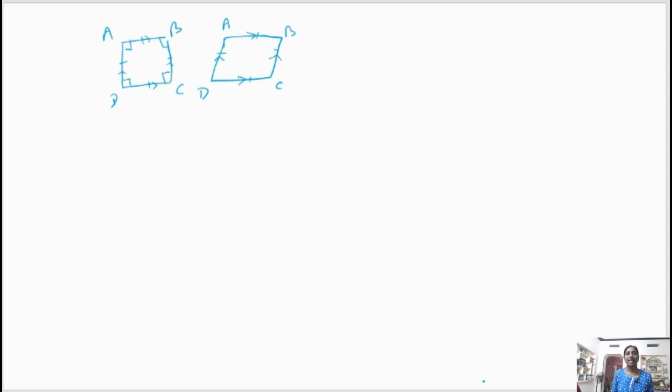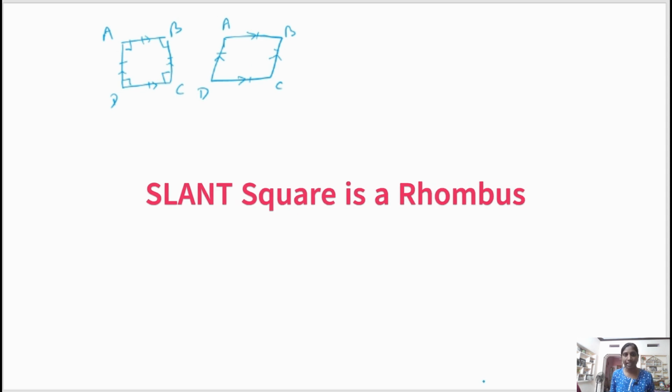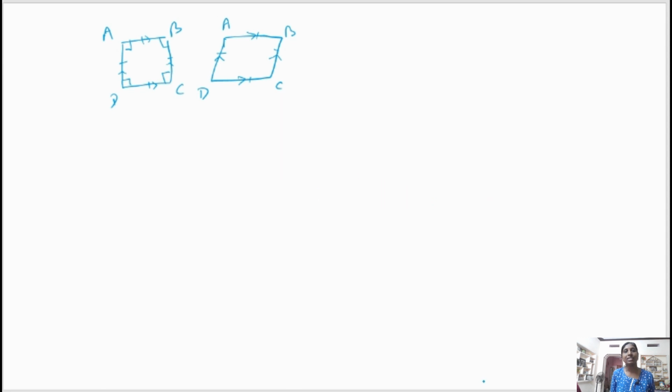It means a slant square is called a rhombus. Clear? This square is also a parallelogram and the rhombus is also a parallelogram. So a square can be a rhombus. Why? Because a square satisfies all the conditions of a rhombus.